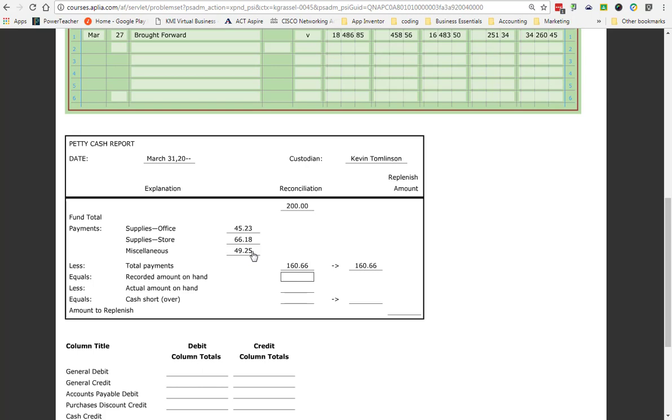I need to take 200 minus 160.66 to get this amount. Sorry. So what is our recorded amount on hand? If I take 200 and I subtract 160.66, Cody.